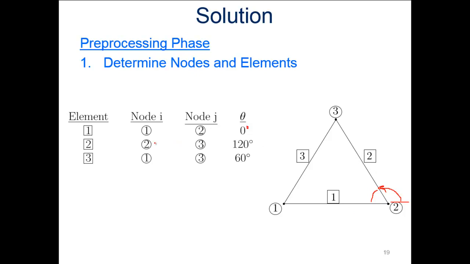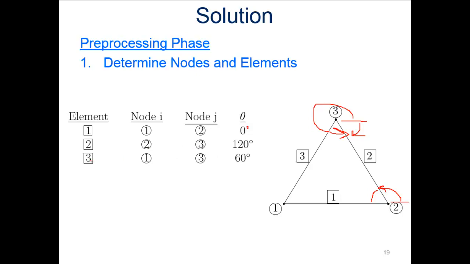You could say for element 2, node I is 3 and node J is 2. Again, you could measure either this way and go around, or this way. As long as you're consistent and you get these things right, you're okay. I would just focus on horizontal here. 2 and 3 should work out just fine.